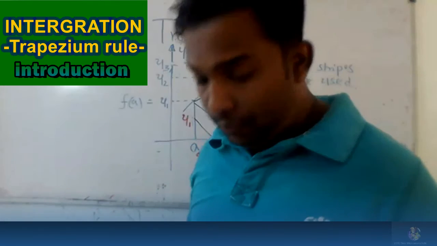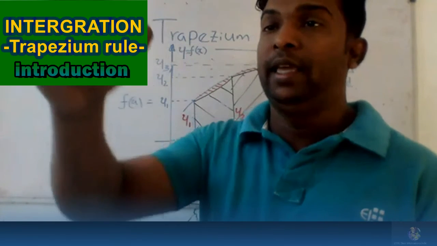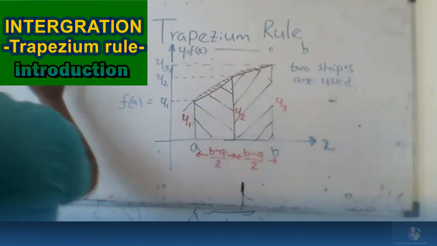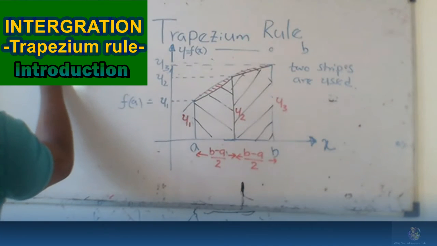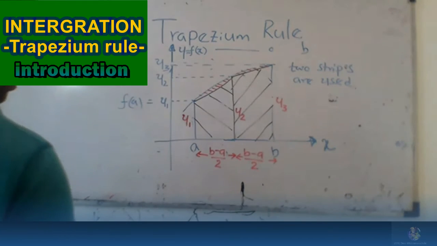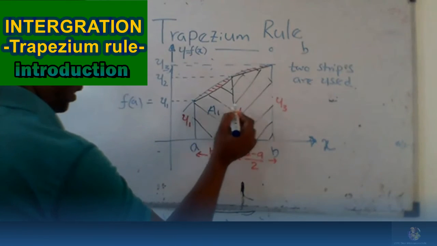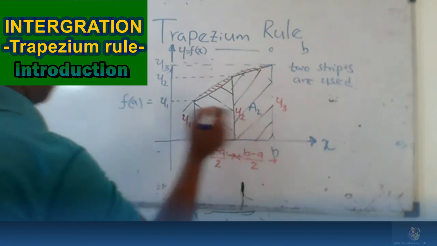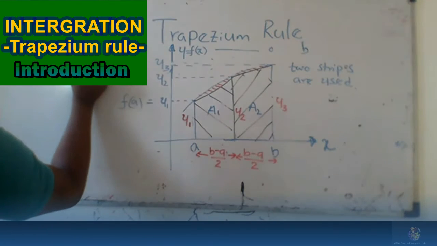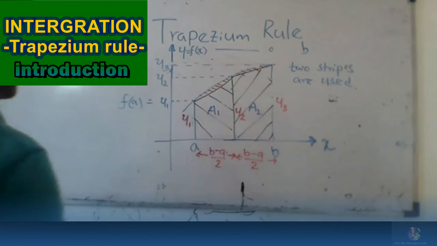Therefore, what you can say is area should equal the area of this A1 plus A2. Then what is A1?